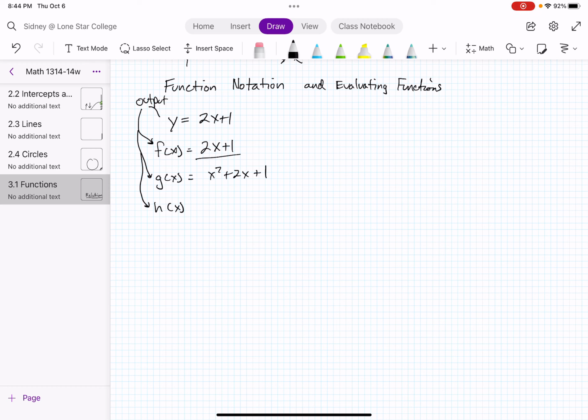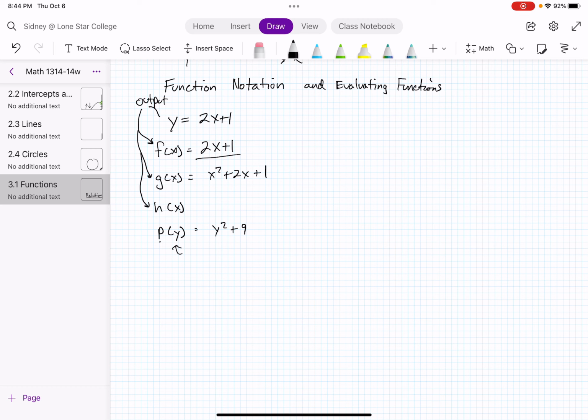So f of x, g of x, h of x, I could say p of y, the function p, which is a function of the variable y, and then have y squared plus 9. That would be the function p, which uses the variable y. It is a function of y.